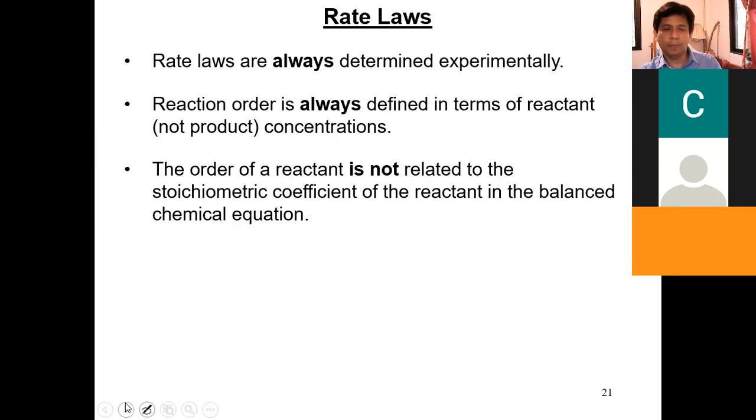The order of a reactant is not related to the stoichiometric coefficient, generally. Yung stoichiometric coefficient yun yung small letter a, small letter b. So, aA plus bB gives you cC plus dD.